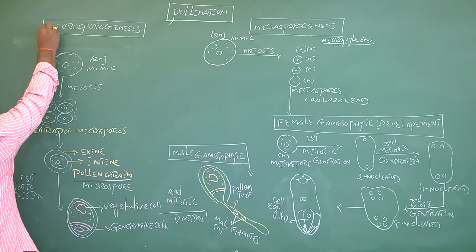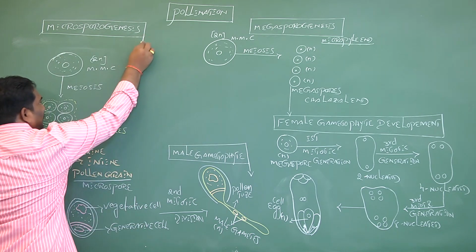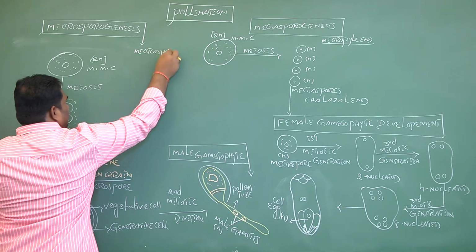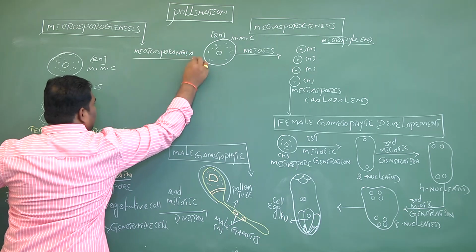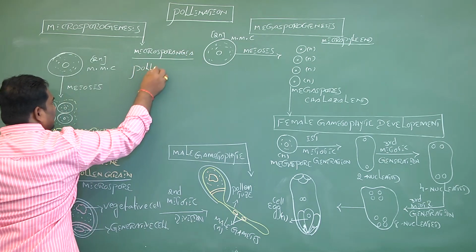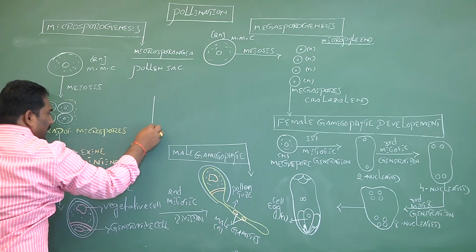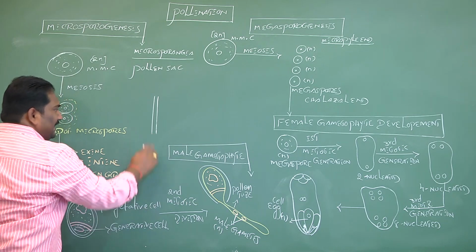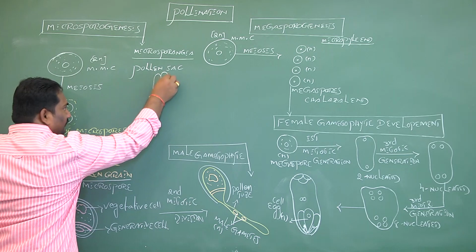The process of microsporogenesis takes place in microsporangia. Microsporangia is also called the pollen sac. For example, in the structure of a stamen, two main parts are present: one is the filament and the other is the anther.